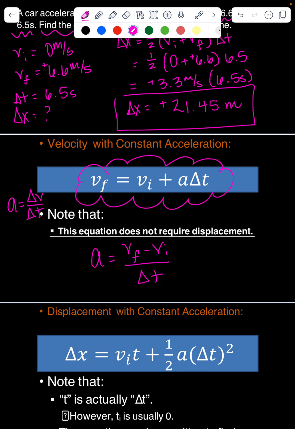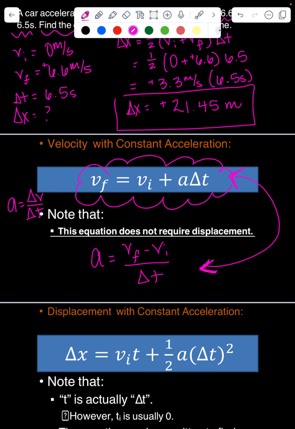So these equations are the exact same equation. It doesn't matter which one you want to use. The first one is solving for v final. The second one is solving for acceleration. So they are both going to give you that same answer. It just depends on which variable you are solving for.